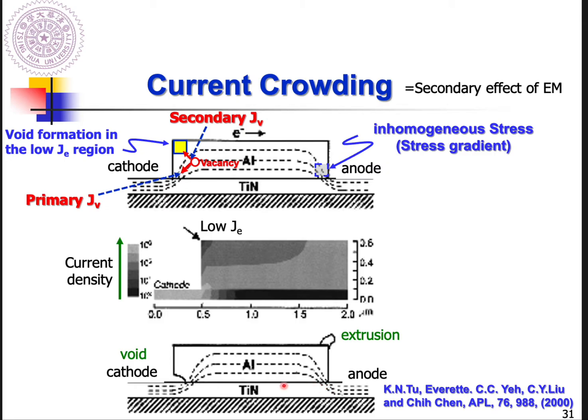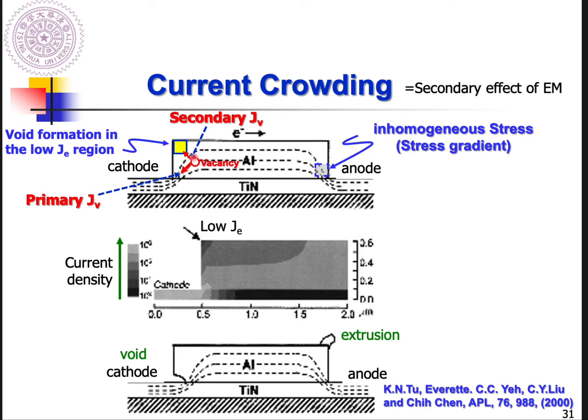But besides this electron migration effect, some scientists also observe a secondary effect. They observe there's also some void formation in the low current density region, like this region, this corner. This is a low current density region. So some scientists will ask why. In order to investigate why, probably you can consider this vacancy here.